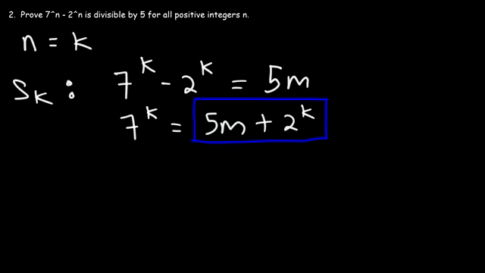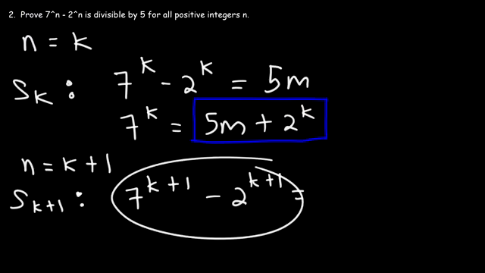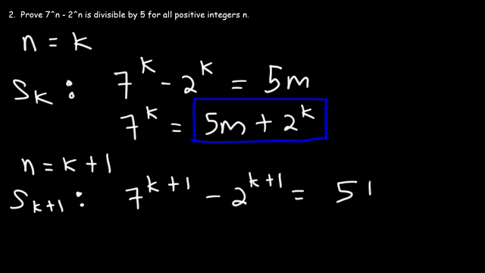So now we're going to set n equal to k plus 1. So this is going to be 7 raised to the k plus 1 minus 2 raised to the k plus 1. And we want to prove that it's divisible by 5. So we need to prove that this is equal to 5 times some integer L. That's our goal.